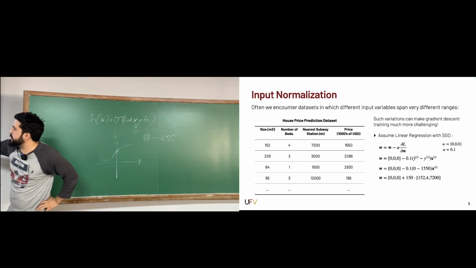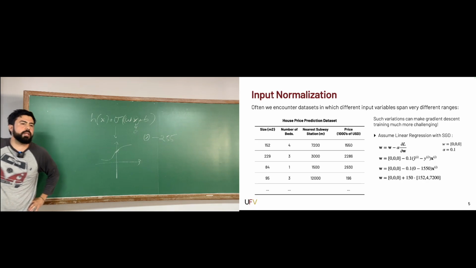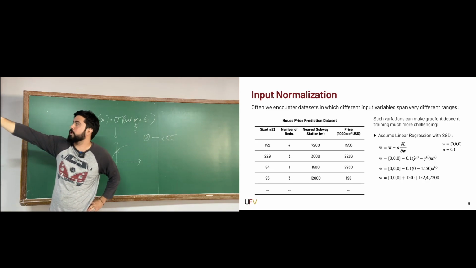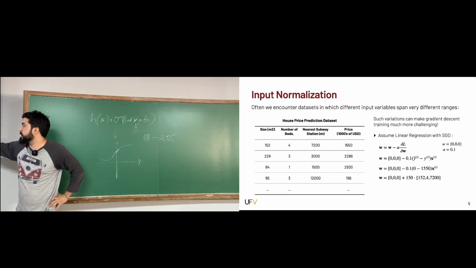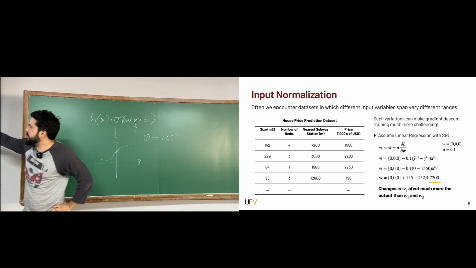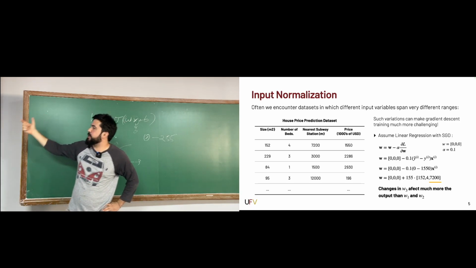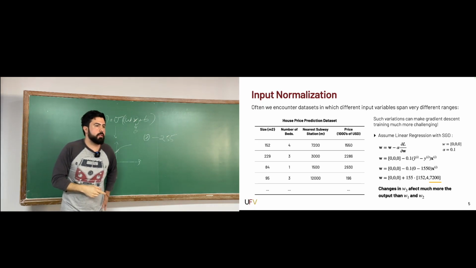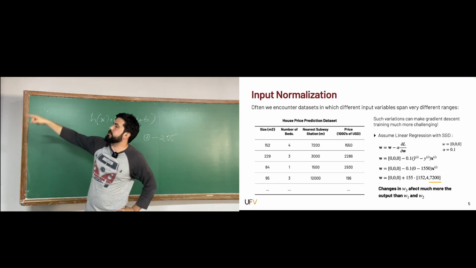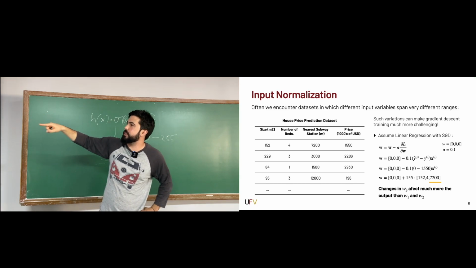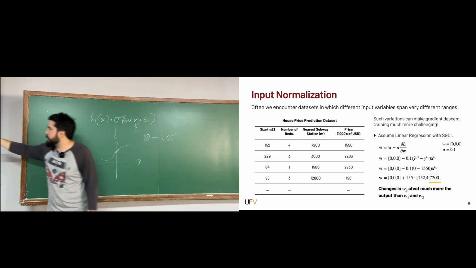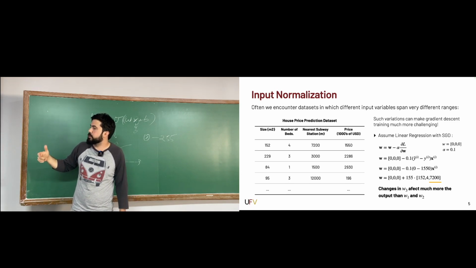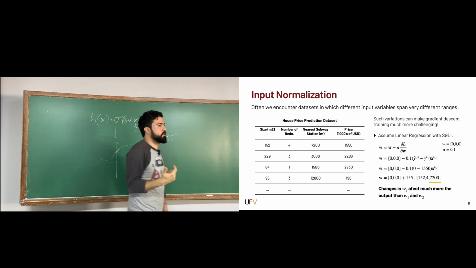We are now multiplying 1,550 by all those feature values, 152, 4, and 7,200. This is because that's our input feature x. And we're multiplying the same scalar 1,550 by those three different values. But because that third feature, near subway station, is on a much larger scale, the changes in W3 here affect the output much more than W1 and W2 in this case. Okay.